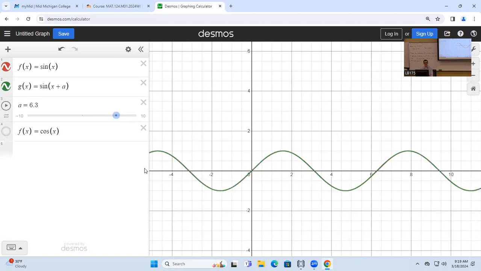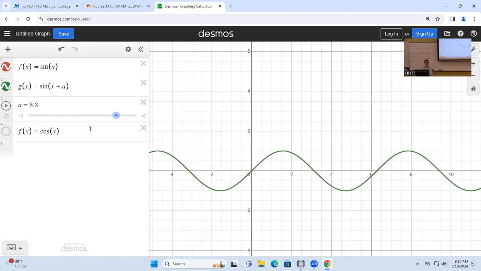And right now, I'm essentially right on top of my old curve. So as I shifted it over about 6.3 units, we were basically on top of my old curve. Now, 6.3 is not the exact shift. Anybody know what the exact shift is? Is it 2 pi? 2 pi, exactly.